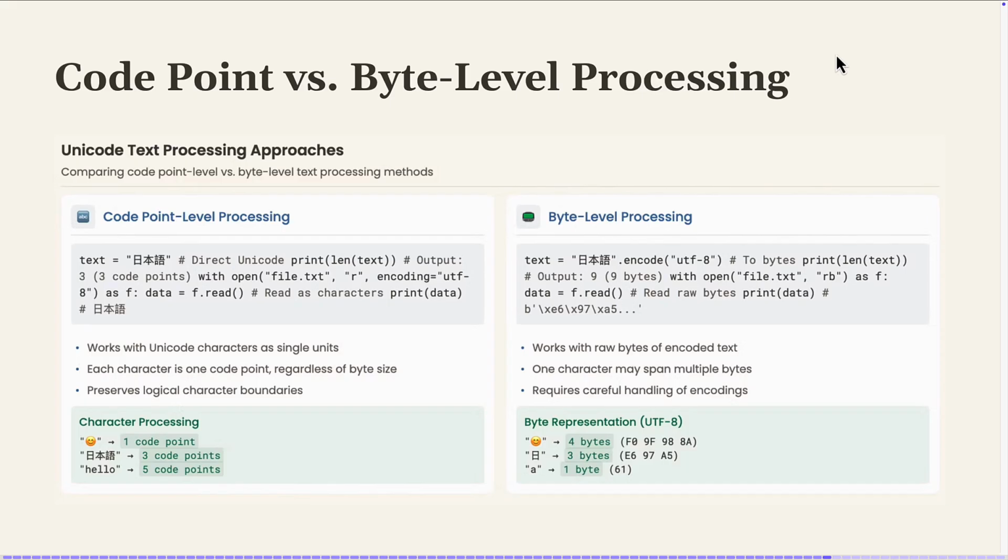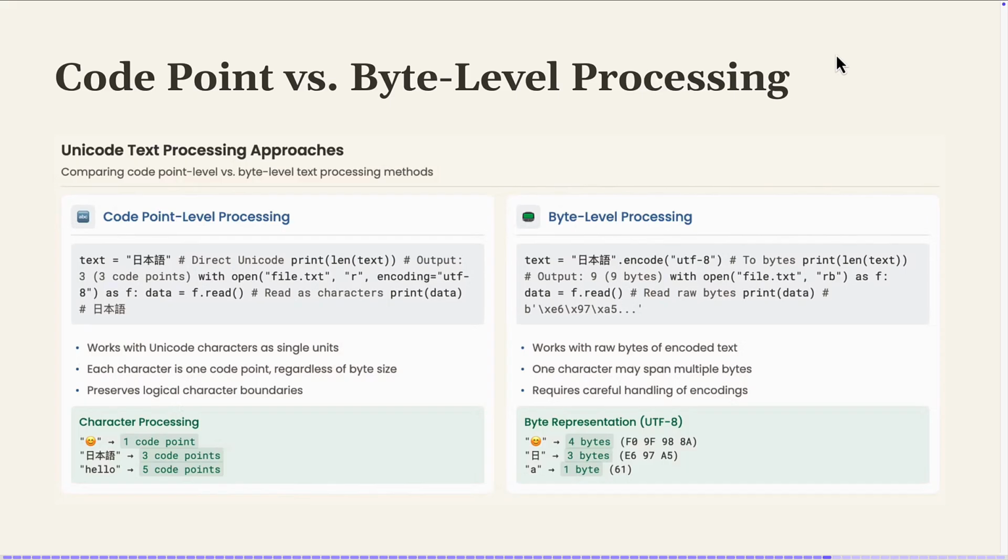Here, code point level processing is going just to read the data directly from the file, direct Unicode points. For example, this emoji is going to result in 1 code point instead of 4 bytes of UTF-8.